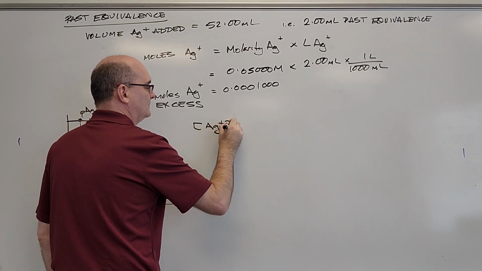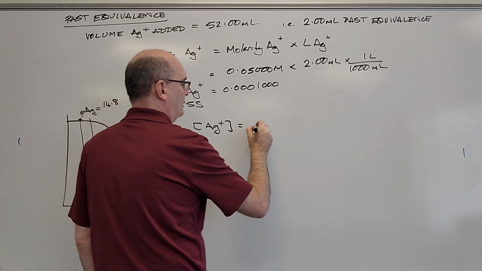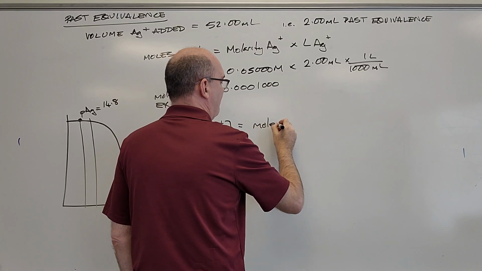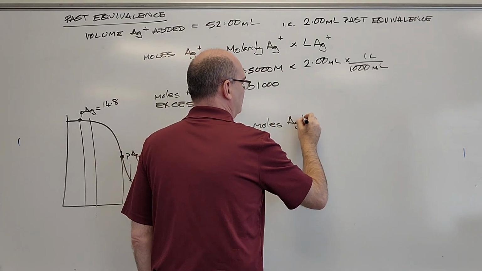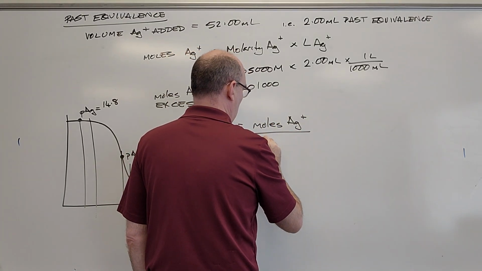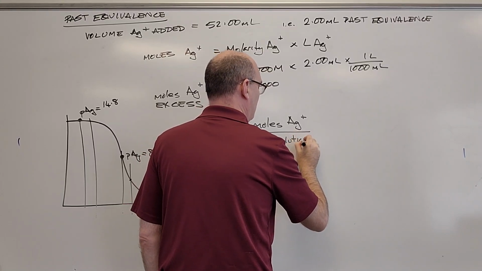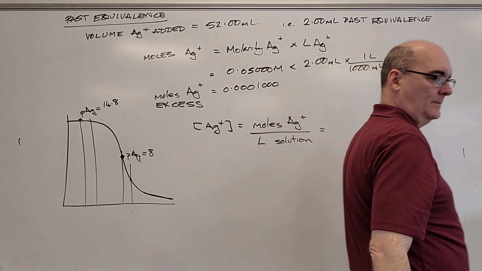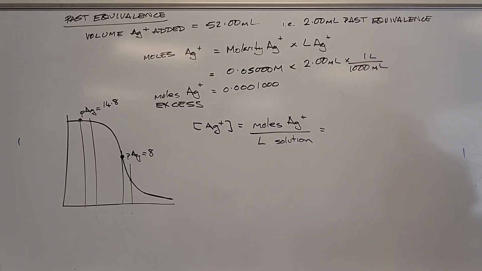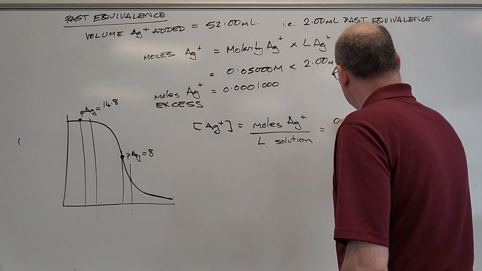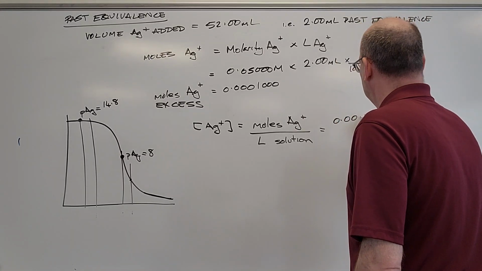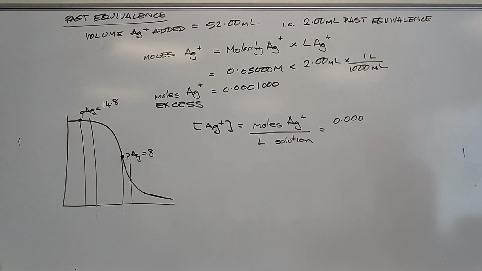Concentration of the silver is the moles of the silver divided by the liters of the solution. Do I have 3 zeros? Yes.